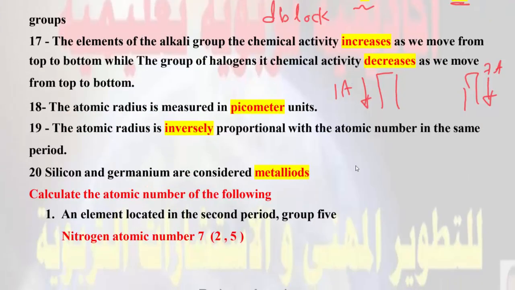The atomic radius is measured in picometer units. The atomic radius is inversely proportional with the atomic number in the same period.